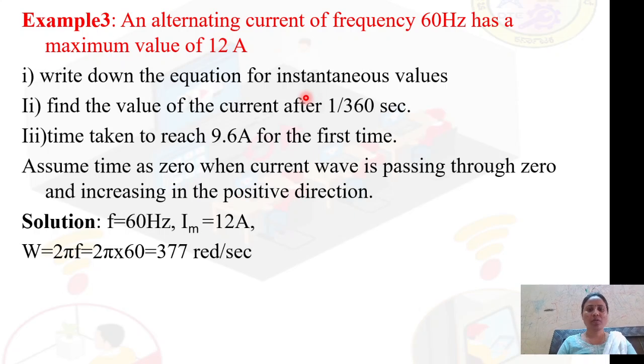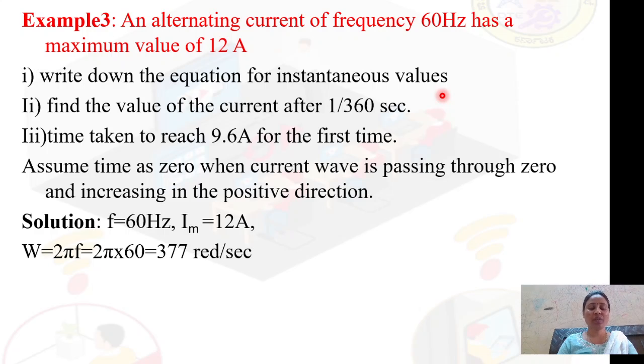Let us first note down the given values. The frequency is 60 Hertz and the maximum value of the current, Im, is 12 amps. We first have to find the instantaneous value of the current, I is equal to Im sin omega t.